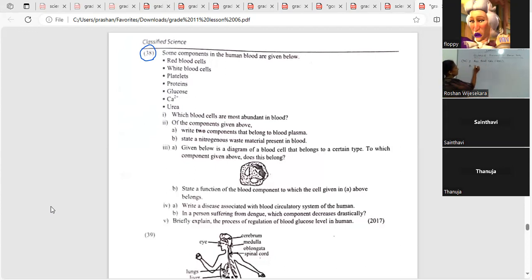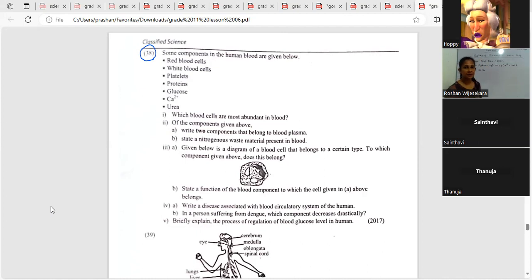You can write any two out of these: proteins, glucose, calcium ions, or urea. Next, state the nitrogenous waste material present in blood. Nitrogenous waste material is urea. Urea is the correct answer.